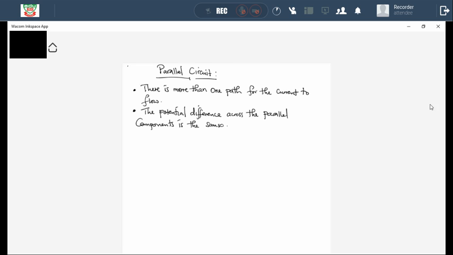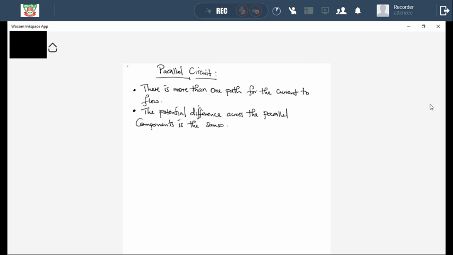So unlike a series circuit, where we said potential difference divides, with a parallel circuit, potential difference is the same. So it's more like the opposite.